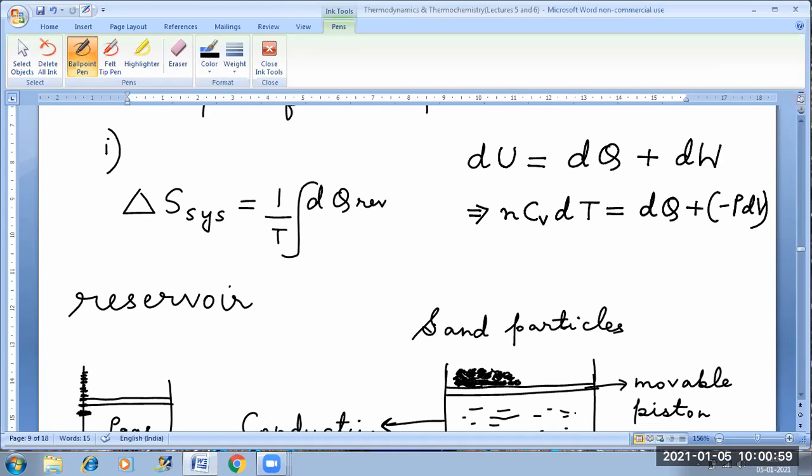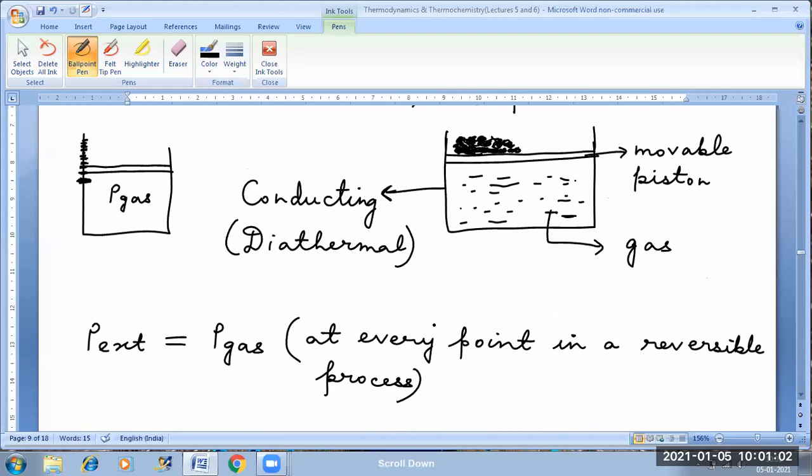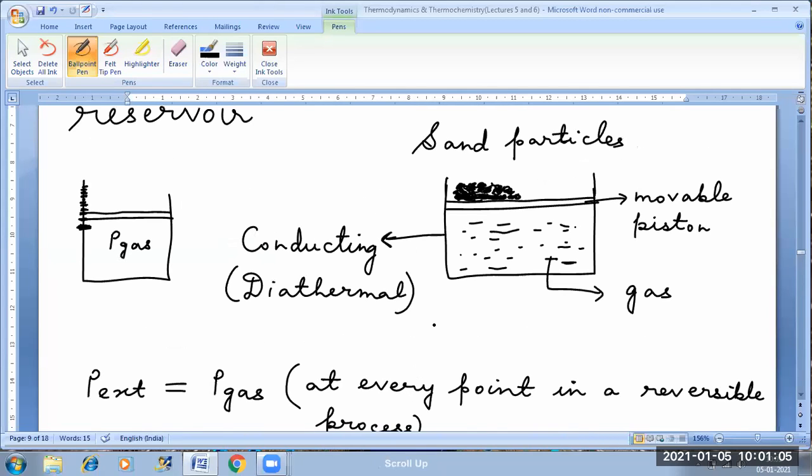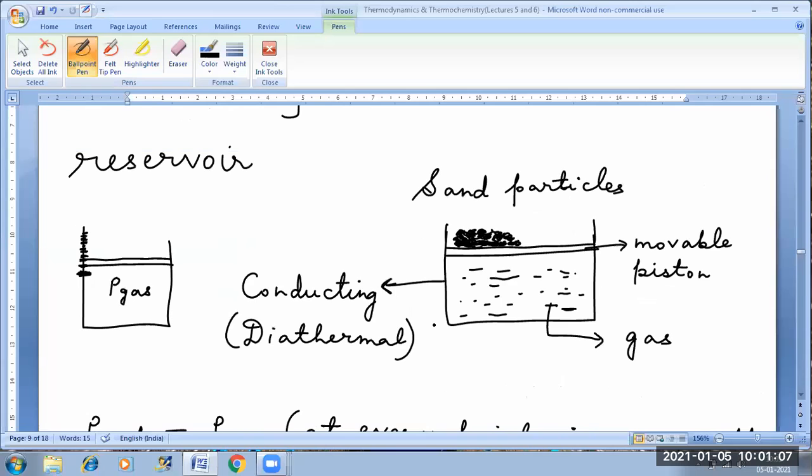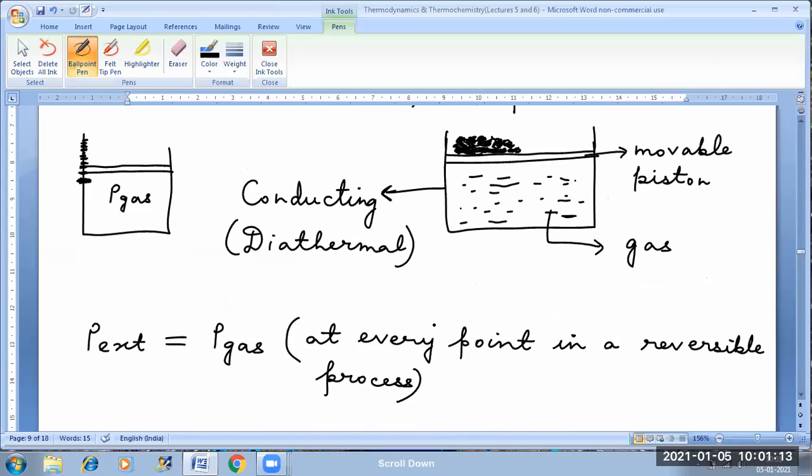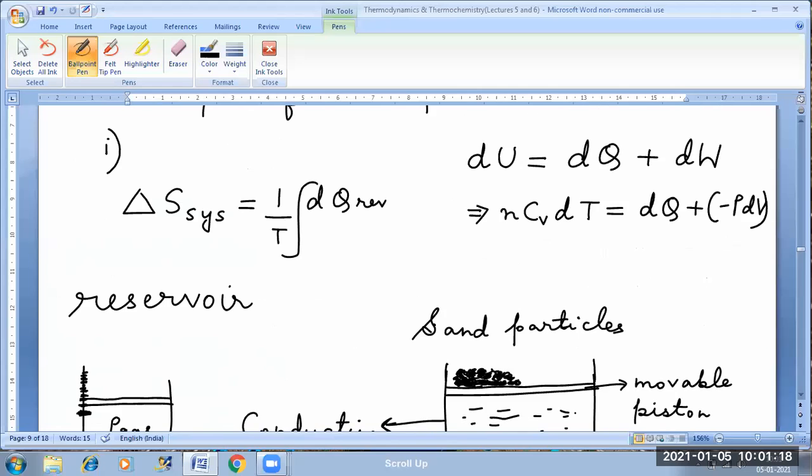Because it is a reversible process, I told you that P gas is the same as P external at every point, because every point corresponds to a new position of the piston wherein the external pressure due to the existing sand particles is exactly balanced by the pressure of the gas. So I can safely say that P external is the same as P gas. This P actually refers to the pressure of the sand particles, which is continuously changing.